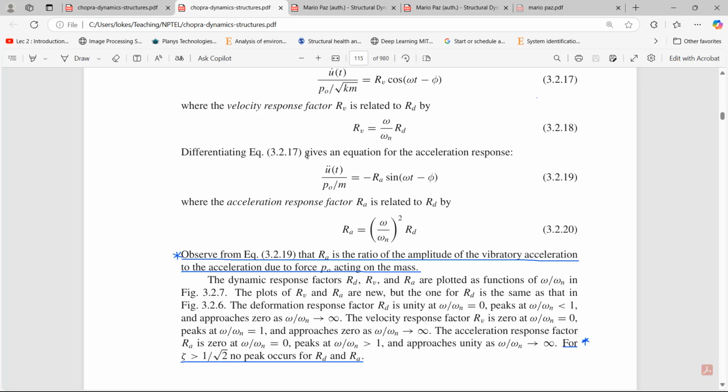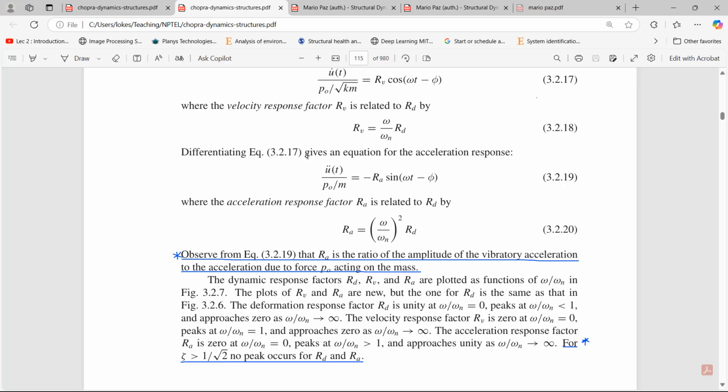And also, we are not measuring at time t, we are getting the response of this ug with a phase shift of phi. That means the response measured by this accelerometer is both modified by a factor Rd as well as shifted with a phase phi. There will be a certain range for a given accelerometer during which this error is very small.